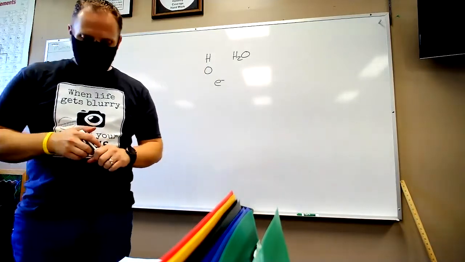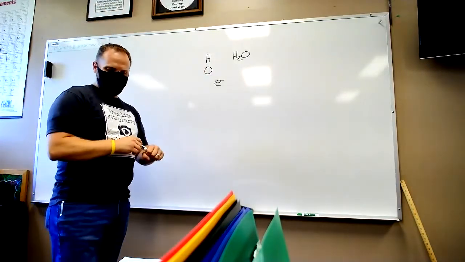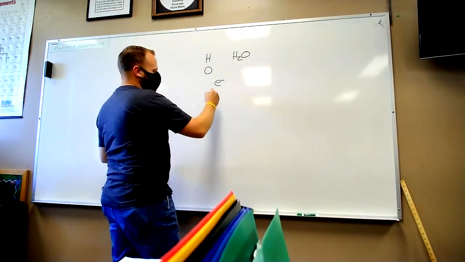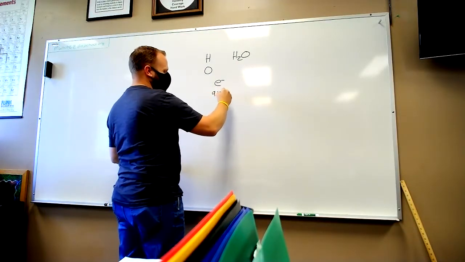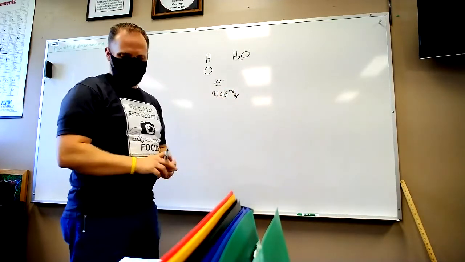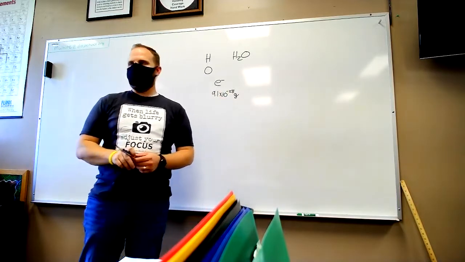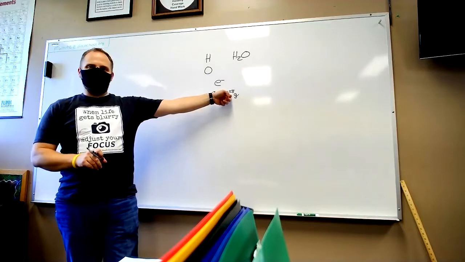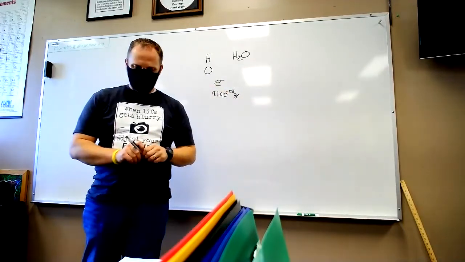So, the oil drop experiment calculates the mass of an electron at 9.1 × 10^-28 grams. That's really, really small. 10 to the minus 28 is a tiny, tiny number.